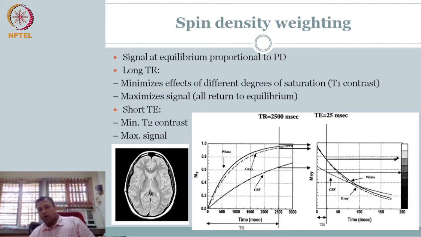I have allowed each of them to reach their maximum equilibrium value. Now if I push this, TR is maximum, so I push this guy to the floor. If I push it to the floor, this MZ comes to the floor. So for the immediate signal, I'm going to start with the maximum signal, and then it is going to dephase and therefore go down.